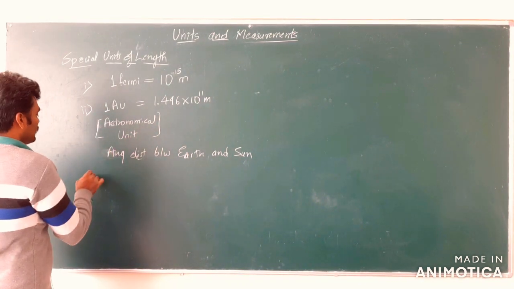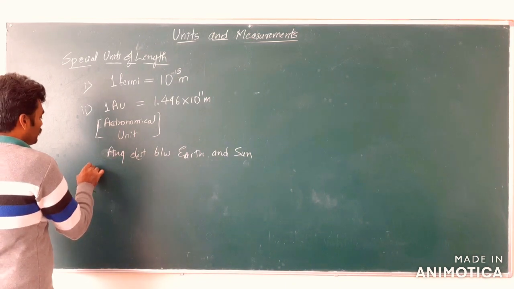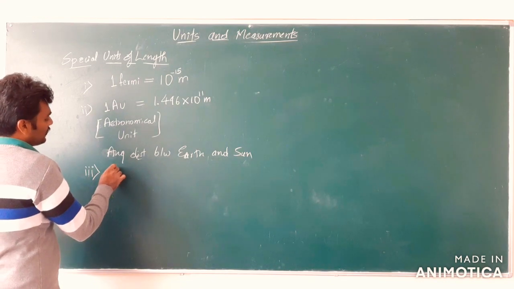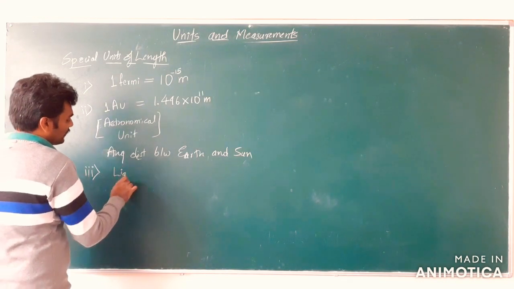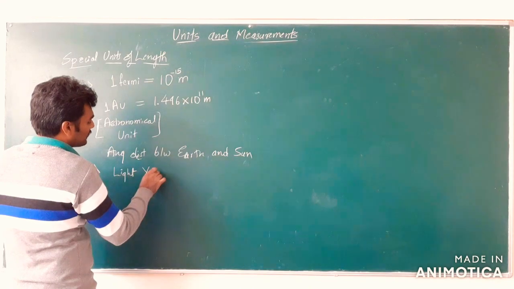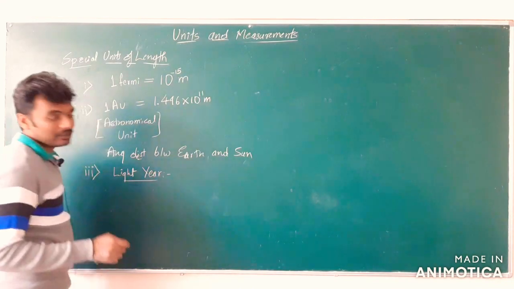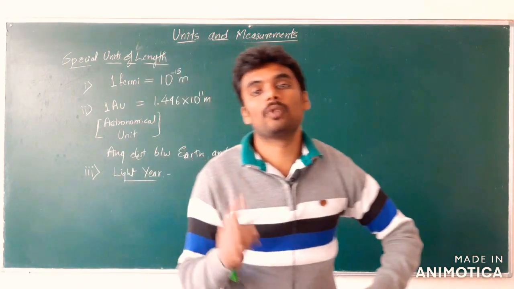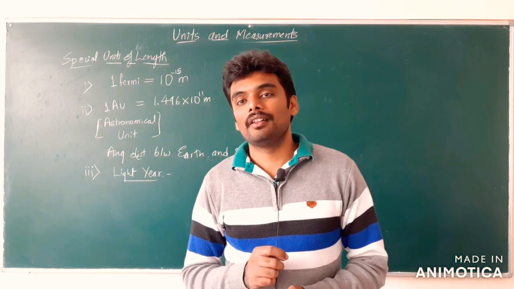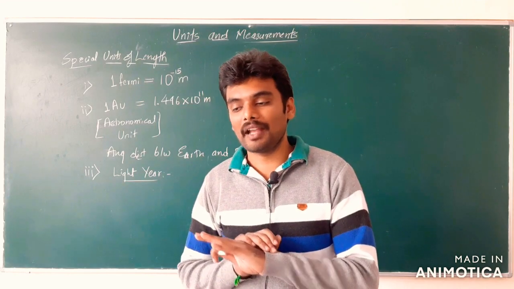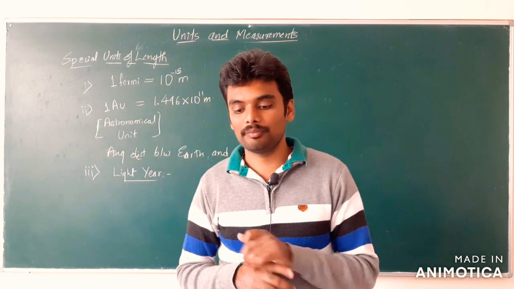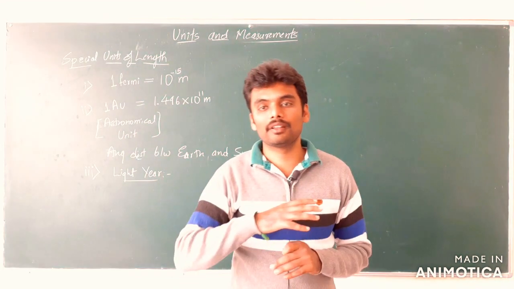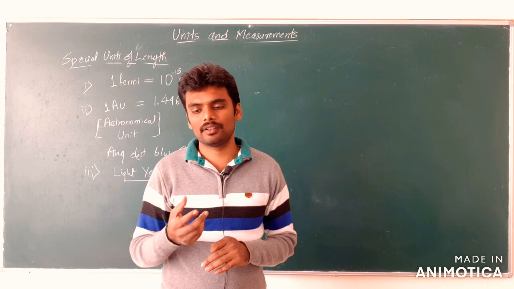So this is the second special unit of length. Moving ahead, we have one more special unit, which is called light year. What is light year? Light year is the distance traveled by light in 1 year. Light has the maximum speed in the entire universe.